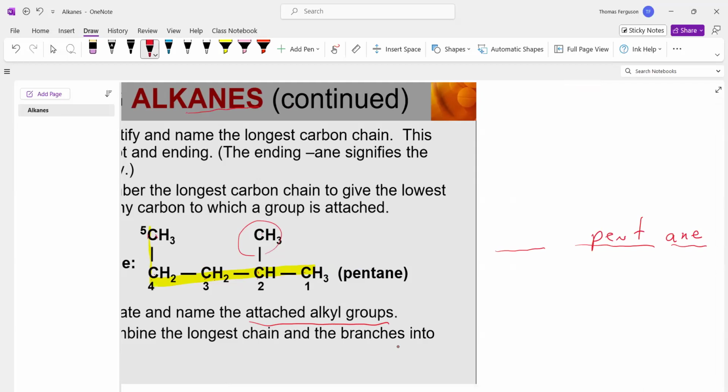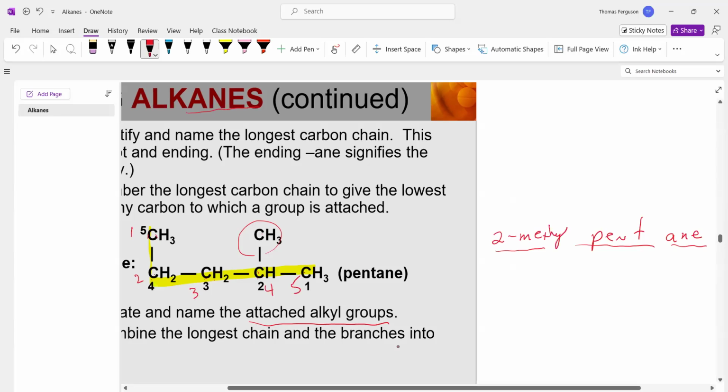The problem is there are 2 ways to number this. We can number it starting here, going from left to right or right to left. The correct one is the one that gives the branch the lowest number. So is it 2-methyl or is it 4-methyl?